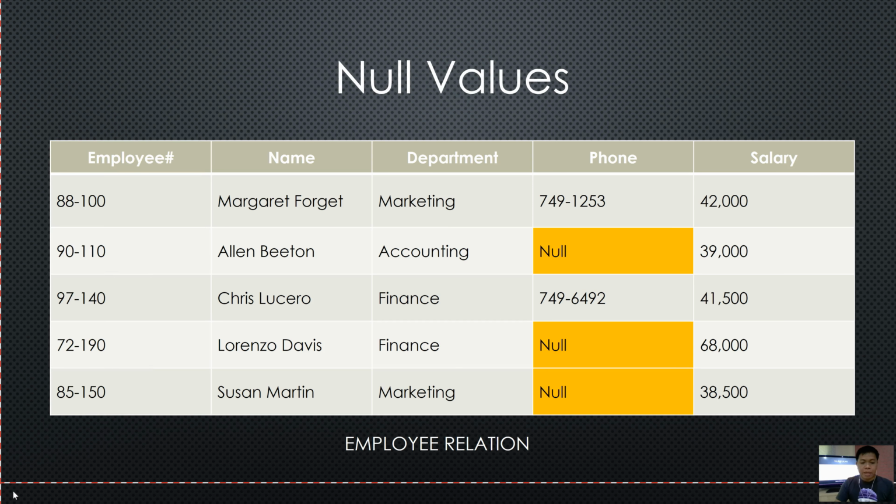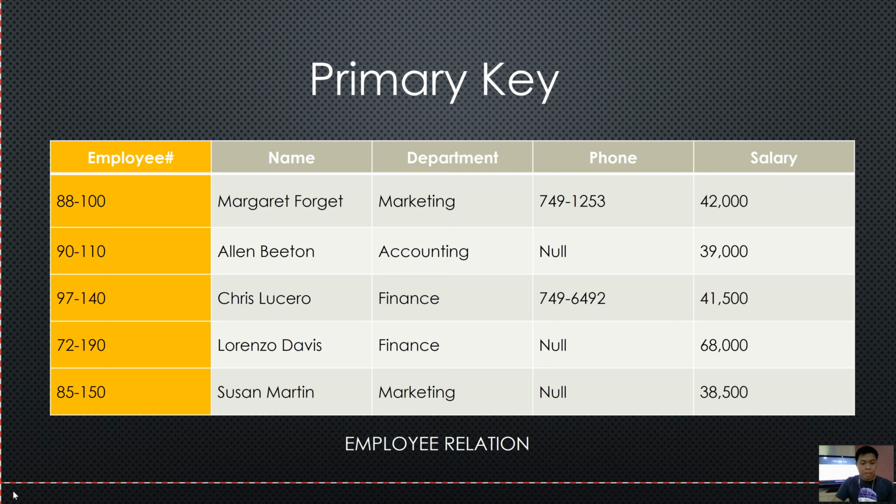Let us take, for example, a structure of an employee relation shown on your screen. Each tuple in the relation represents a particular employee entity. The relation is displayed as a table where each tuple is shown as a row and each attribute is shown in columns or corresponds to a column.